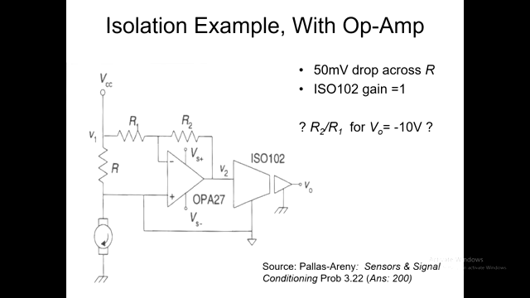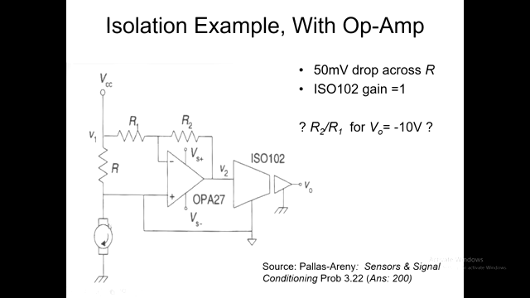Okay, here's a similar sort of thing with an isolation amplifier here with a gain of 1. So VO is equal to V2, fairly simple. And an op-amp in the vulnerable side. So this is a big motor here that is susceptible to extreme voltages, perhaps, something like that.